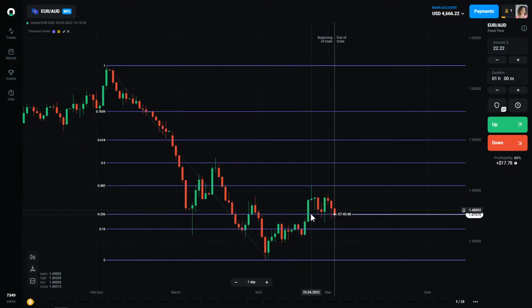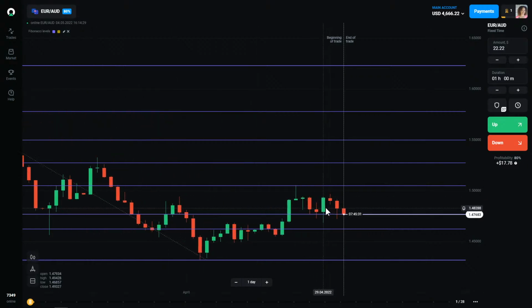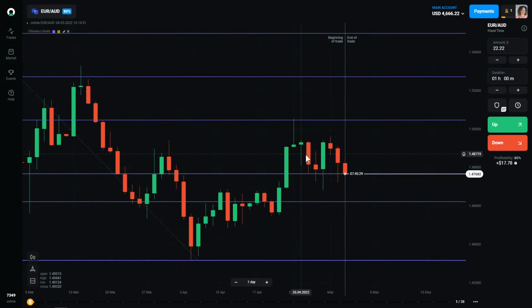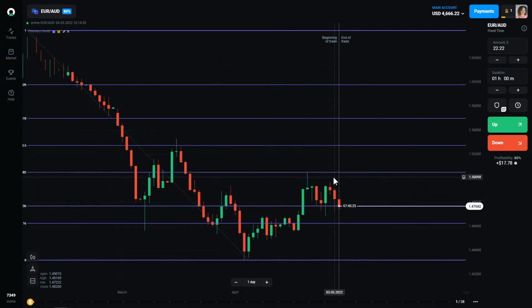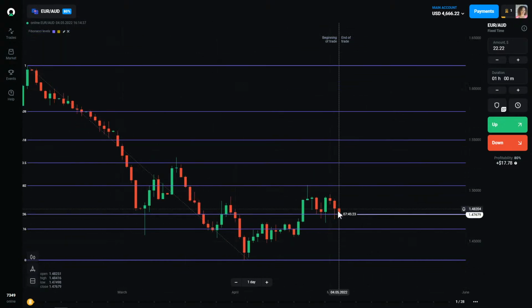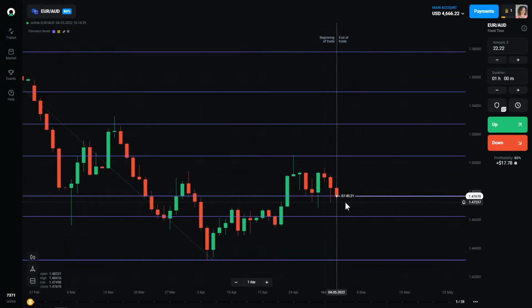So the price broke the 23.6 and reached this level of support at 38.2, and then dropped back down. See how it reached here? And now it's moving kind of sideways. And right now the price is actually using the 23.6% Fibo level as a level of support.